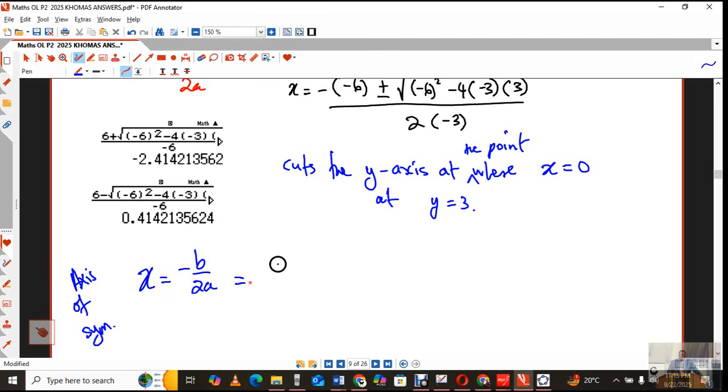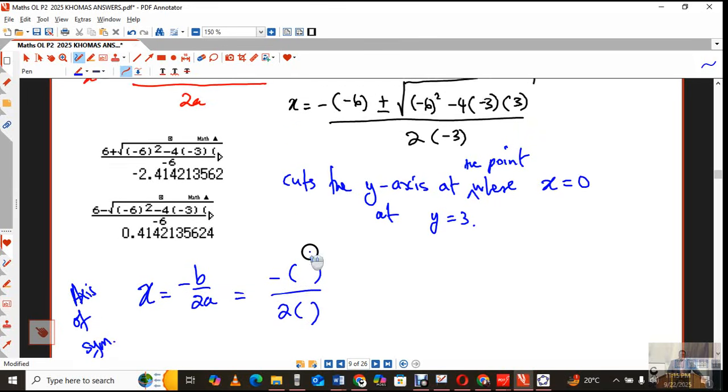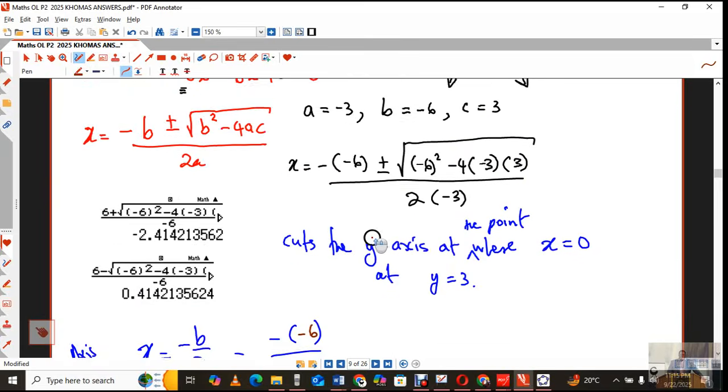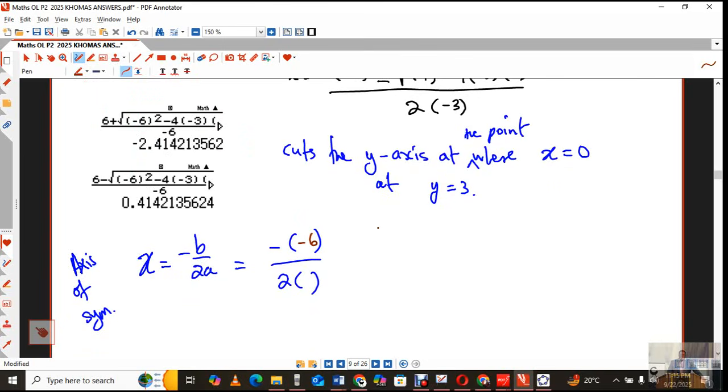We know our value of b is -6, so I punch in -6 there, and the value of a is -3, so I punch in -3. At the end of the day, this is +6 divided by -6, which gives us -1. So the x value is -1.